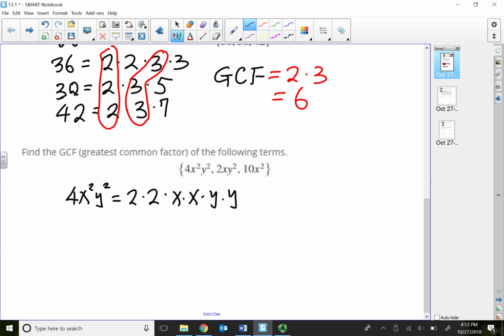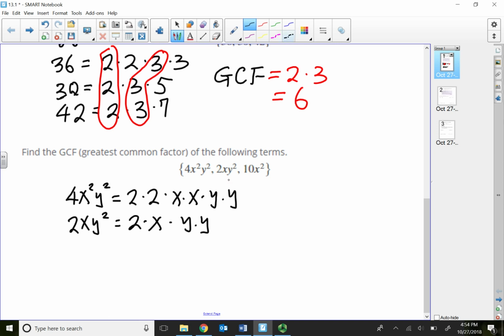Let's look at 2xy squared. The number 2 is a prime number, so let's just write down a 2. X is just x. Y squared is made out of y times y.